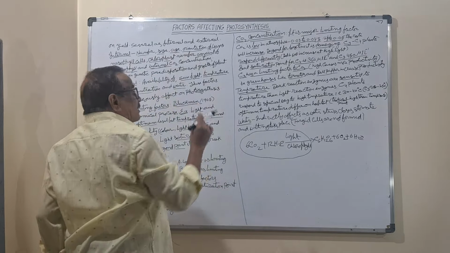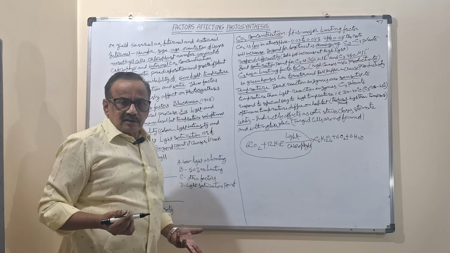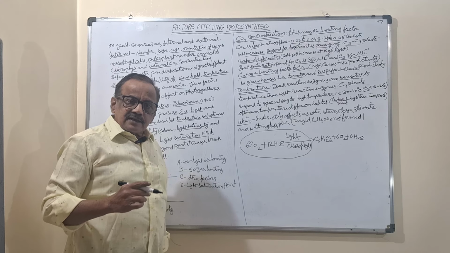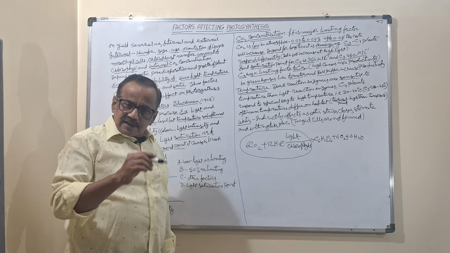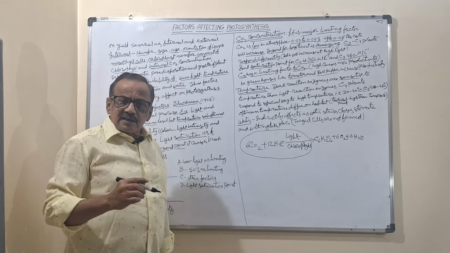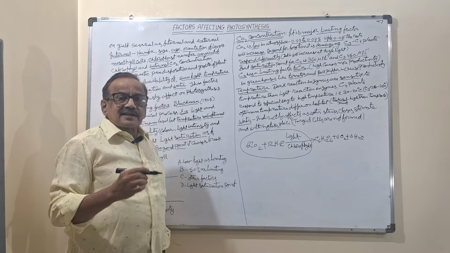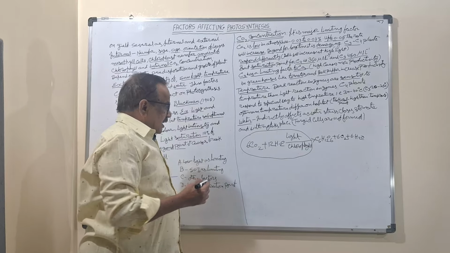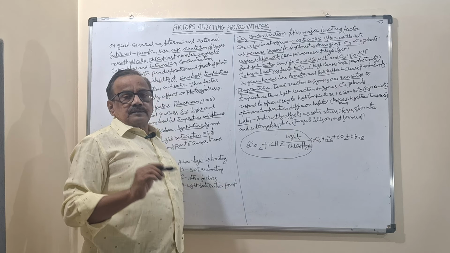Several factors affect photosynthesis. They may be internal, at the cellular level or inside the plant in the tissue, and next they may be external. External means light, carbon dioxide, water, and temperature also.